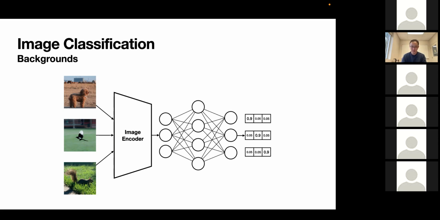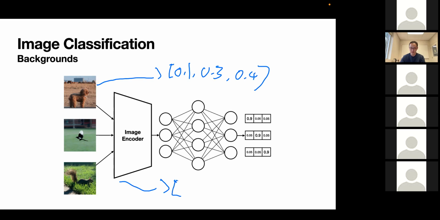For example, this dog image, we can represent it as 0.1, 0.3, 0.4 maybe. And this one, maybe 0.2, 0.5, 0.0. So we can represent each image as a vector. This is what the image encoder does.